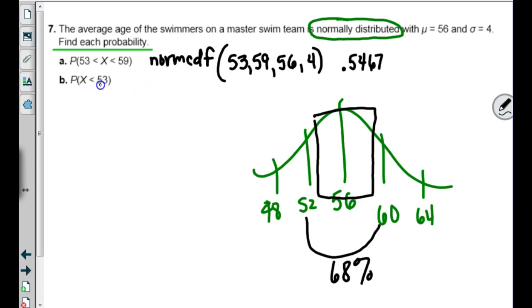And what do we want to do for less than 53? Do you remember how far it has to go? Well, it can go to 0, absolutely. It's just got to go at least 4 standard deviations. Okay, so I would be lazy and just do 0 as well. From 0 up to 53, with 56 and 4 being the mean and standard deviation.